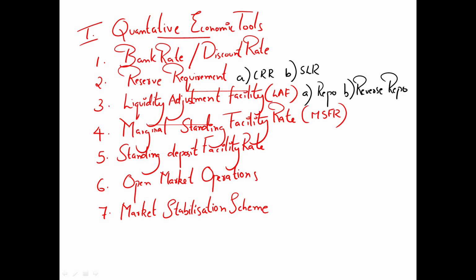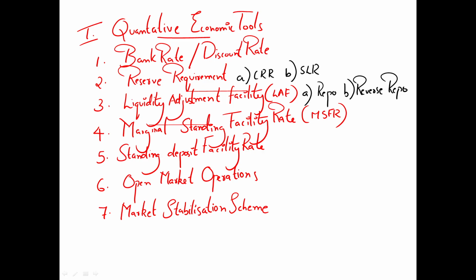So the quantitative economic tools are those tools taken by RBI to control credit, inflation and deflation in the economy. There are mainly seven types of quantitative economic tools. One is bank rate or discount rate, another is reserve ratio, which is classified into CRR and SLR, and third is liquidity adjustment facility, or LAF, which is again classified into repo rate and reverse repo rate.